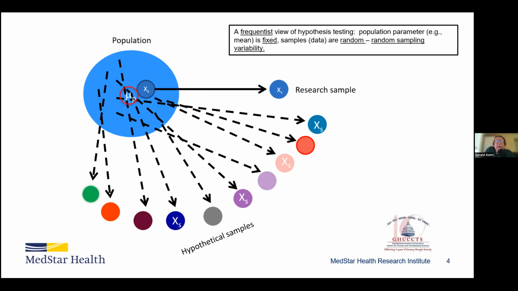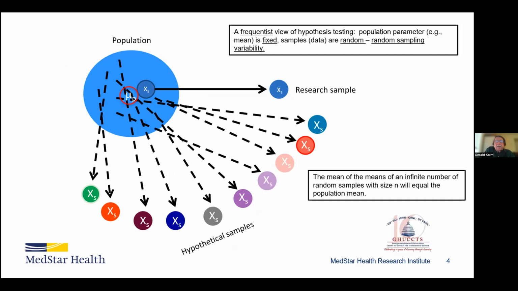I gave an example here where we have the concept of repeated sampling, which is the basis for the frequentist or classical view of statistics.